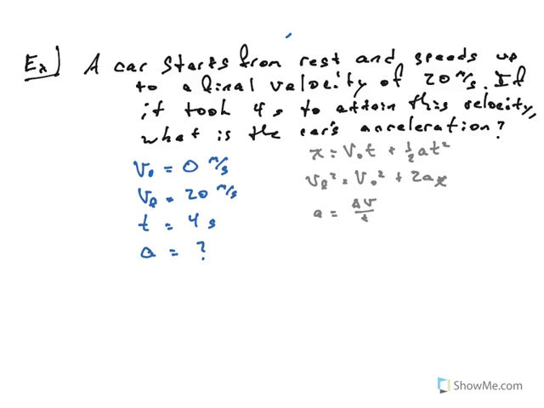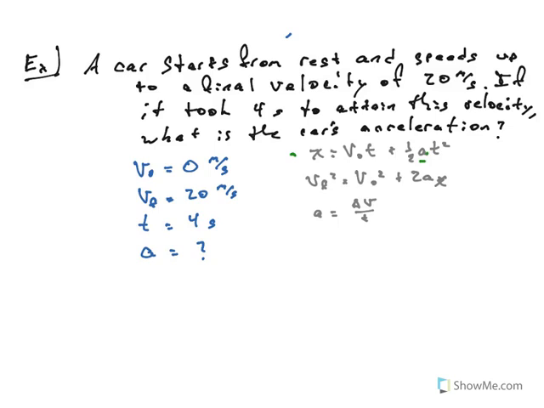And the way I do it is quite easy. I just start looking at them. I say, okay, what about this first equation? X is v naught t plus 1/2 at squared. Can I use the equation? In order to answer that, I say, okay, what am I looking for? I'm looking for A. Does the equation have an A in it? Yes, the A is right there. Good.